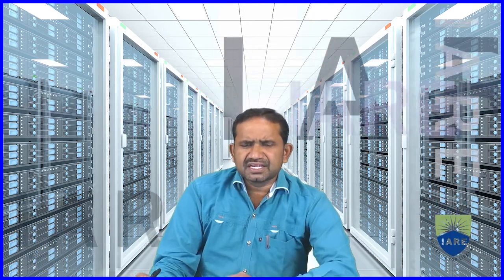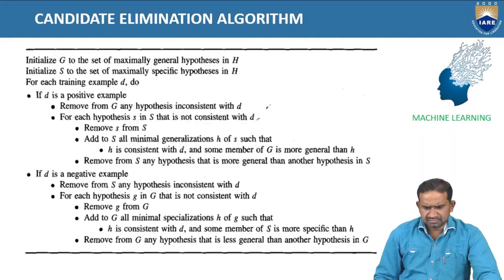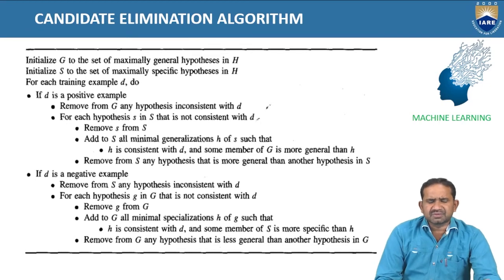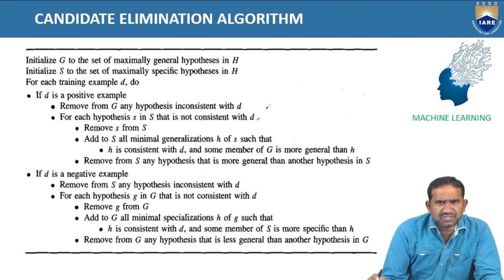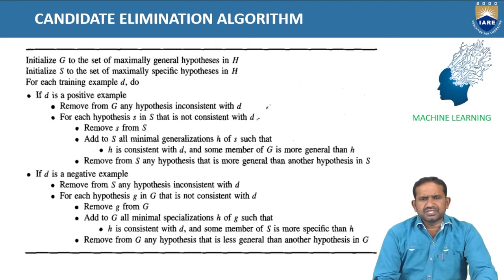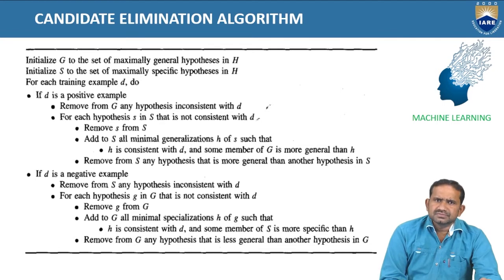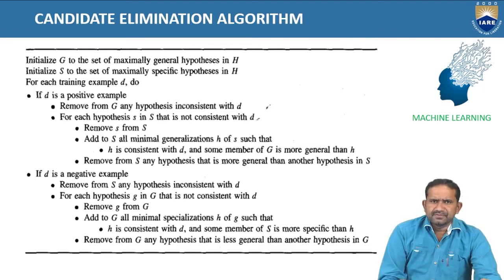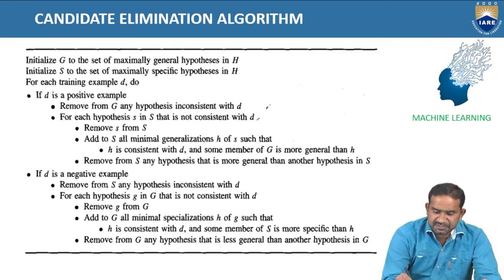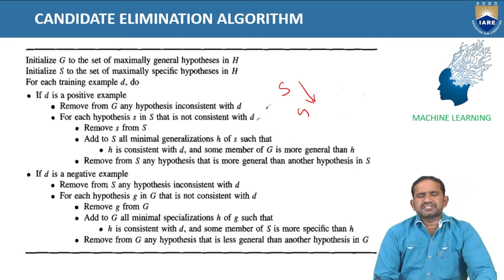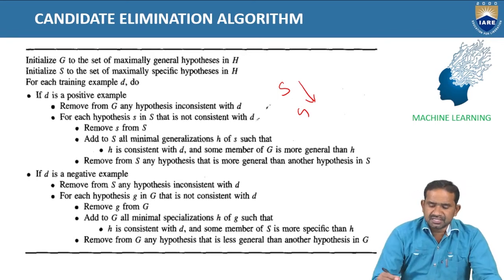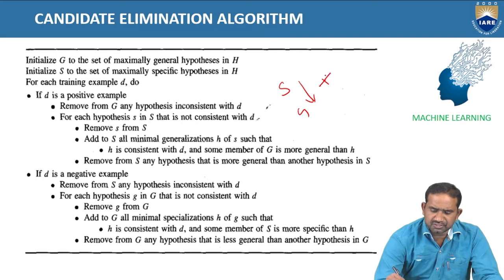It is mainly focused on positive examples as well as negative examples, as I said previously. If the example is positive, we move from the specific hypothesis to the generalized hypothesis. If that training example is positive, we try to move the specific hypothesis to the generalized hypothesis.